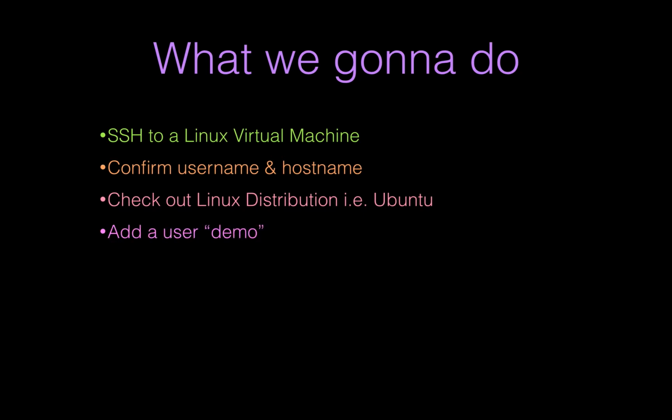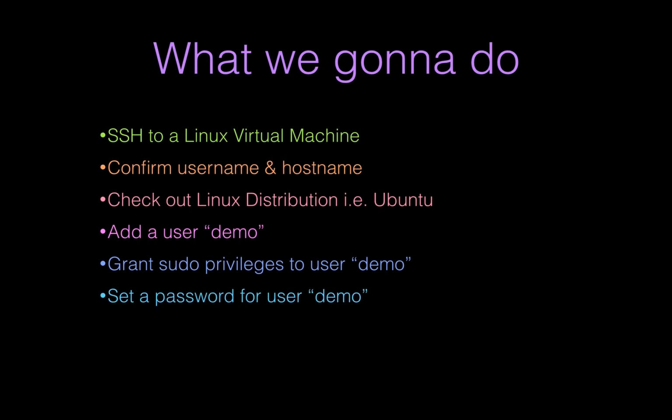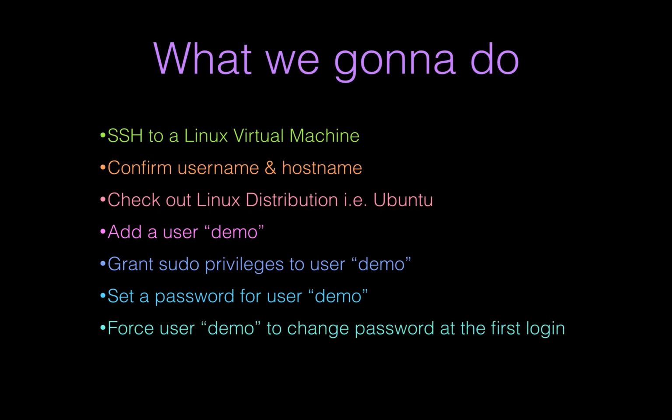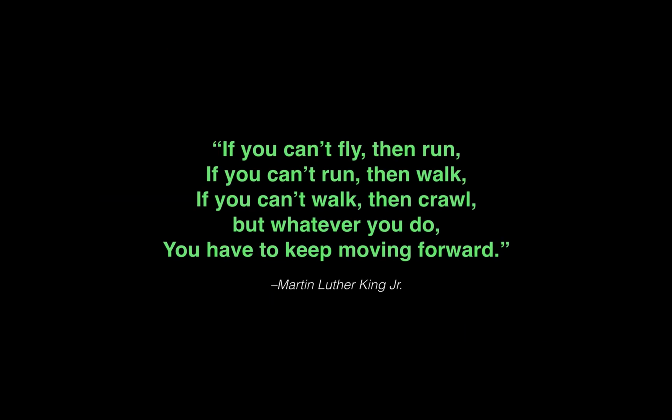We'll add a user demo and we'll provide sudo privileges to that user. We'll then set a default password for demo, and then we'll force this user to change the password at the very first login, and then we'll delete this user. So this is what we're going to do.